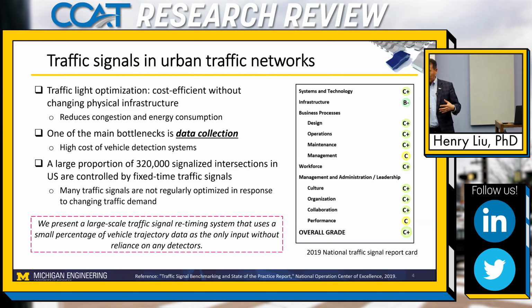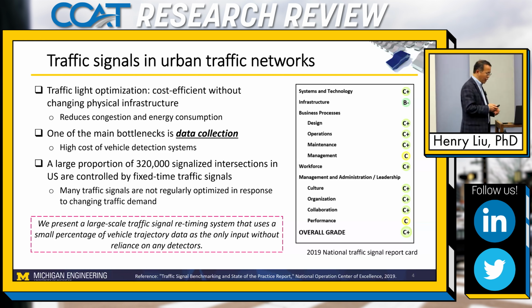So a lot of these traffic lights, we usually don't touch for 10, 20 years for these fixed-time signals. And the bottleneck for us not to keep these traffic signal timing plans up to date is data. It is the difficulty of collecting data, and data is also the most costly portion of signal retiming.